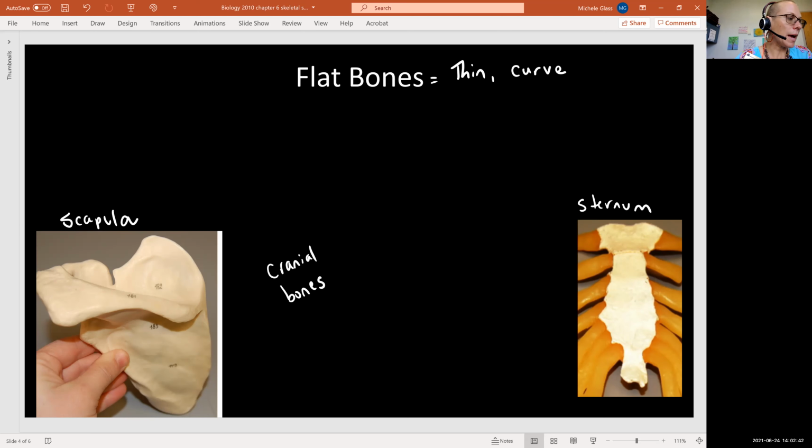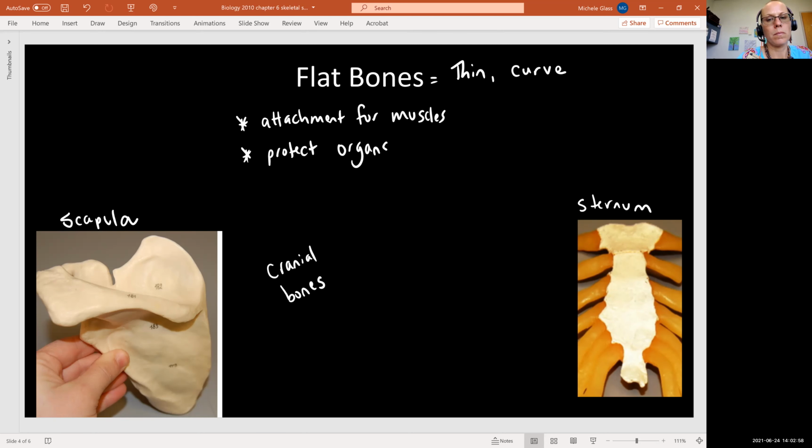The job of your flat bone is really to provide attachment for muscles, and then protect organs underneath. And the only other example of a flat bone that I forgot to mention are your ribs.